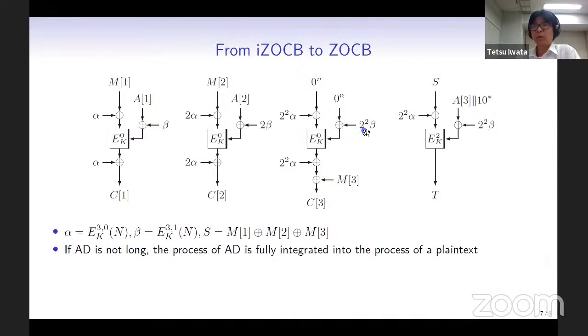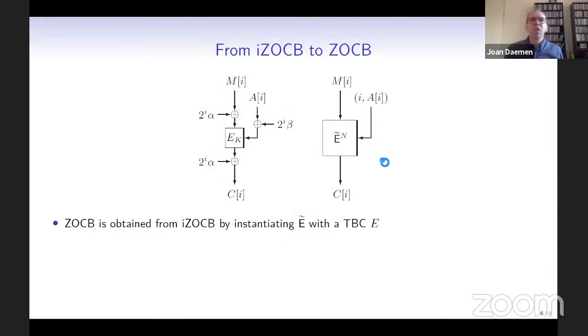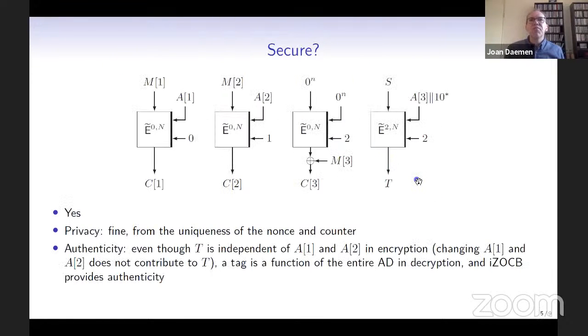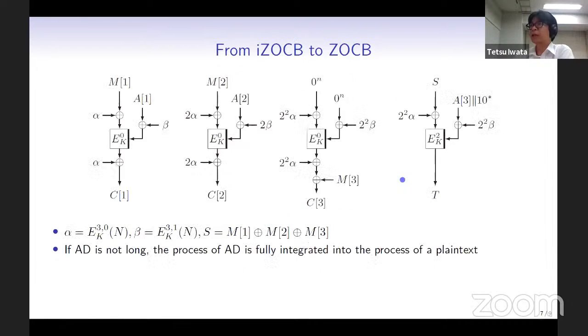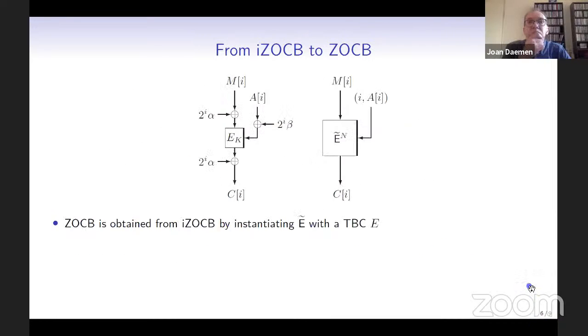No, I think you go back maybe a slide. The slide you showed previously. This one, the entire construction. Back, please. Okay.